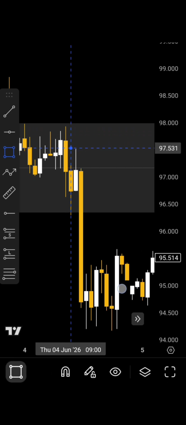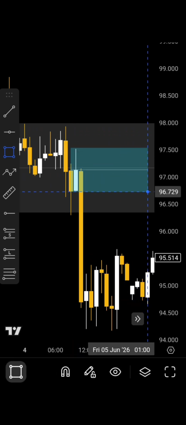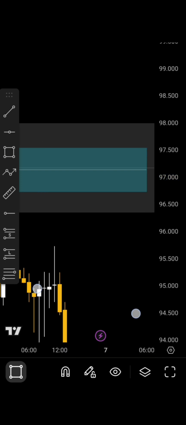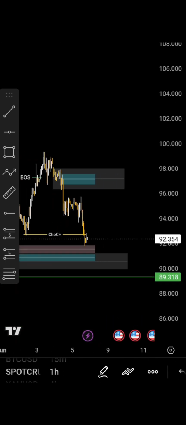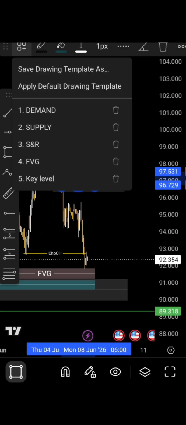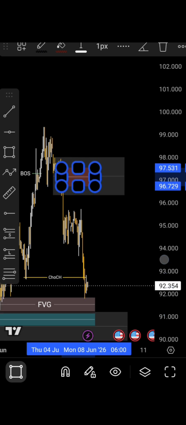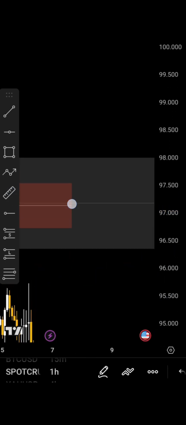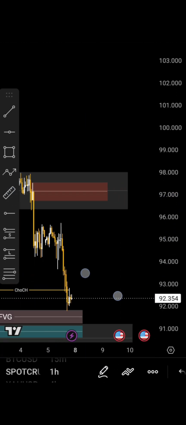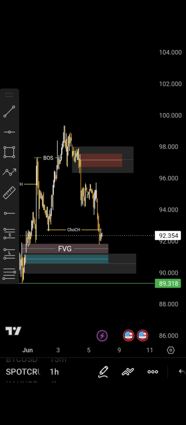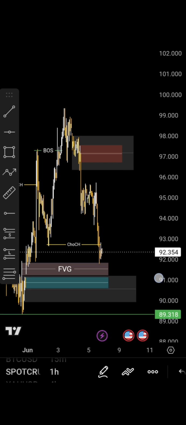This is going to be the supply area, right? And as you can see, what I did is refine the demand and supply to a tighter zone, so that we'll end up getting a tighter stop loss instead of what the 4 hour is giving us, right?